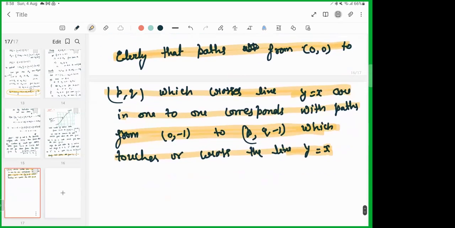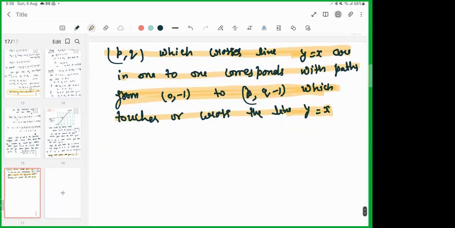So any such path which goes above the line y equals x corresponds to some path gamma dash, starting from 0, -1 to p, q minus 1, and at some point it touches the diagonal line y equals x. So let's say the path I have chosen, gamma dash, first touches or crosses the line y equals x at the point d, d.